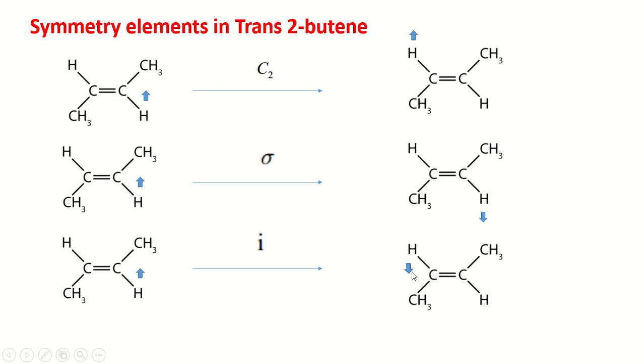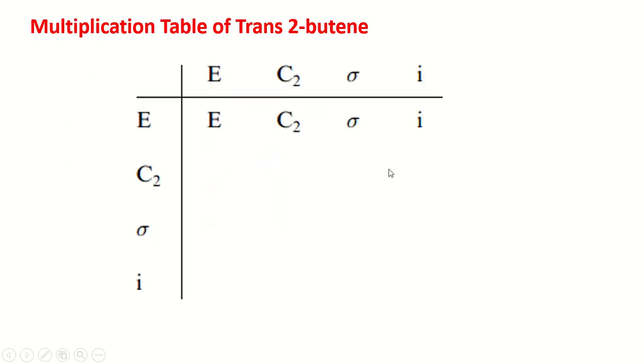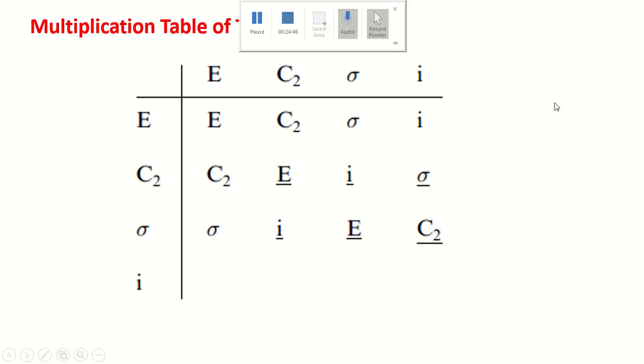If we apply the C2 from this axis of rotation, this hydrogen will appear over there, and the position and direction of the arrow would not change. So it would appear over there, and this result would be equal to sigma h, or simply the sigma plane of symmetry. So we can write over there inversion center and sigma for this molecule.